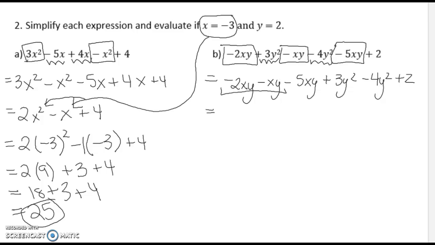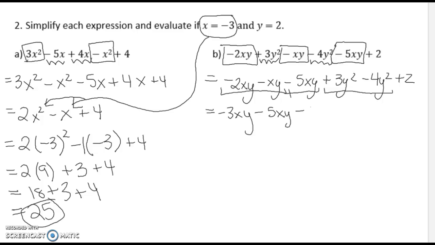-2xy, take away another xy, gives us -3xy. Oh, sorry about that. And we still have a -5xy with that. So I'll just put it here, -5xy. We'll add that in next step. Okay. Then we have 3y squared minus 4y squared.